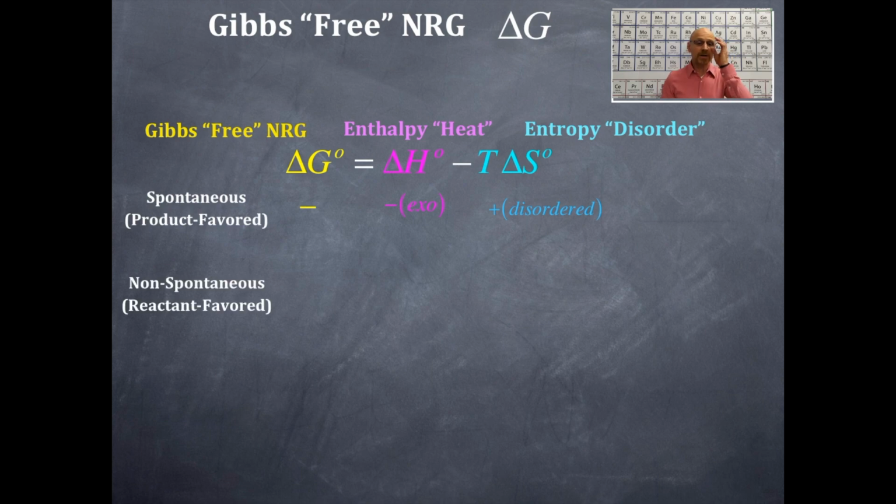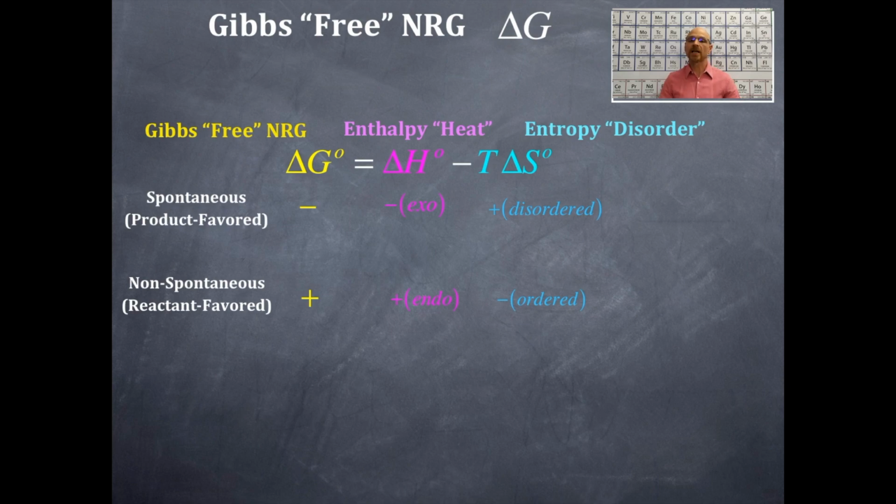Now, for a non-spontaneous reaction that is reactant favored, the delta G will always be positive. That happens when the delta H, the enthalpy term, is positive and endothermic, and in addition, the delta S is negative, which means more ordered in the system.